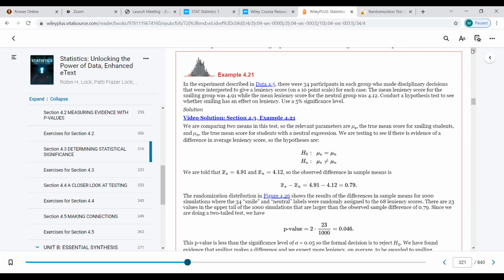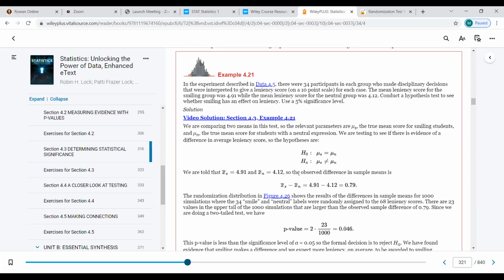The null hypothesis says there's no difference. It doesn't matter whether this person smiles or not, they're going to get the punishment based on what they did. And the alternative hypothesis says there is a difference between whether a person smiles or doesn't smile. There is a difference in what kind of discipline they get, right?